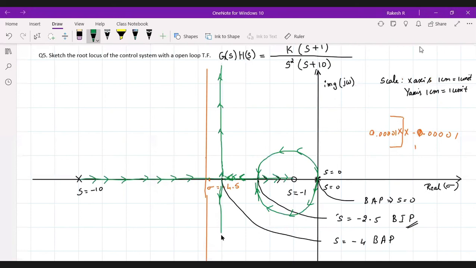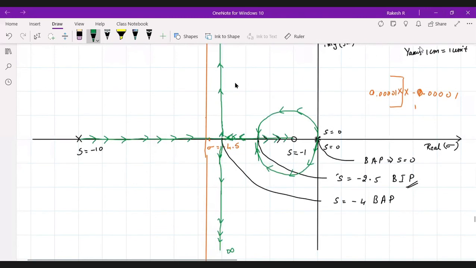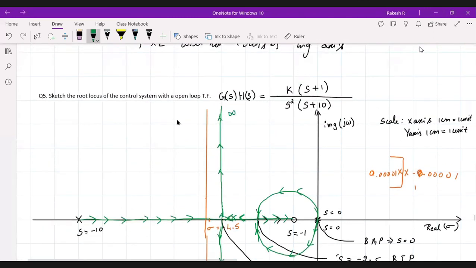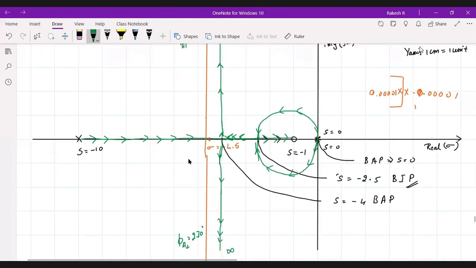Another root passes below like this through the asymptote angle, that is 270 degrees. Right? This is terminating at infinity, and this root will terminate at infinity here. And phi of a1 is equal to 90 degrees, and phi of a2 is equal to 270 degrees. This is the root locus plot here, right?